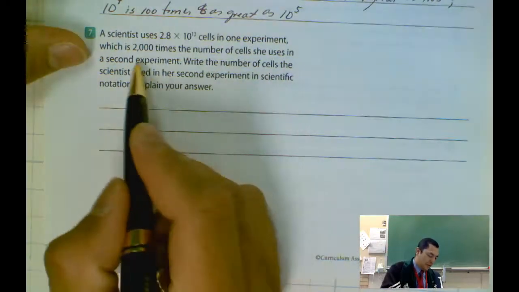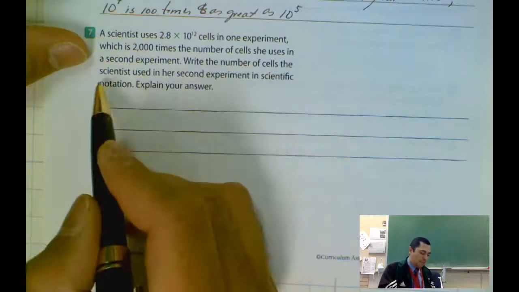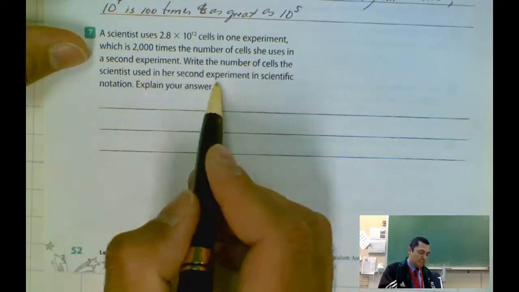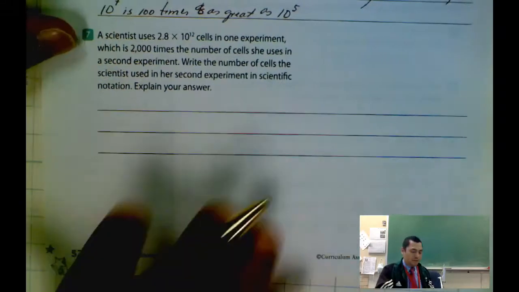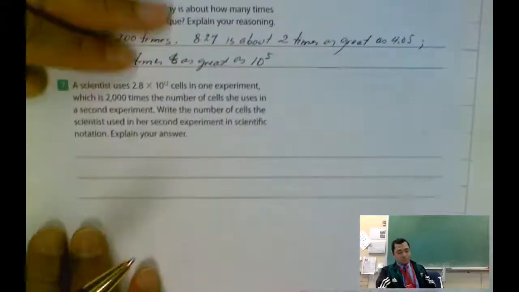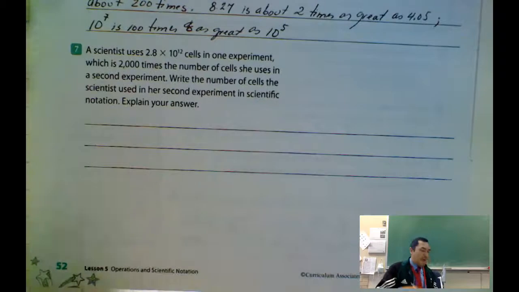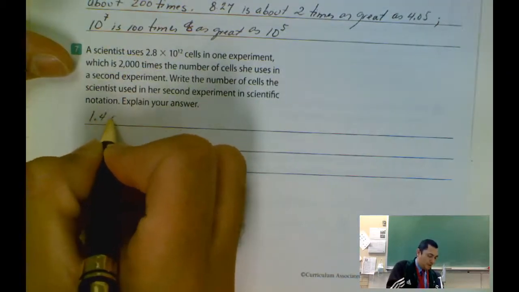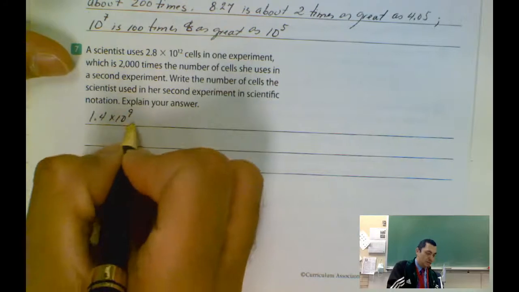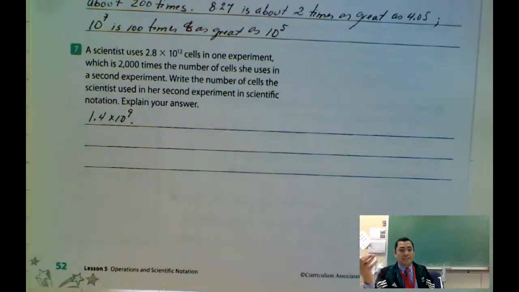Okay, keep an eye on that one. Write the number of cells the scientist used in her second experiment in scientific notation. Explain your answer. So in this case, I'm going to give the answer. It's going to be 1.4 times 10 to the 9. And I'm going to explain now, how do I get that number?